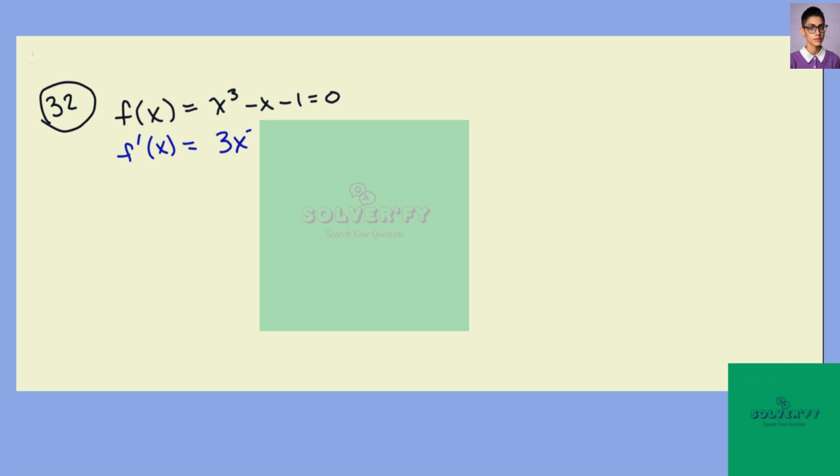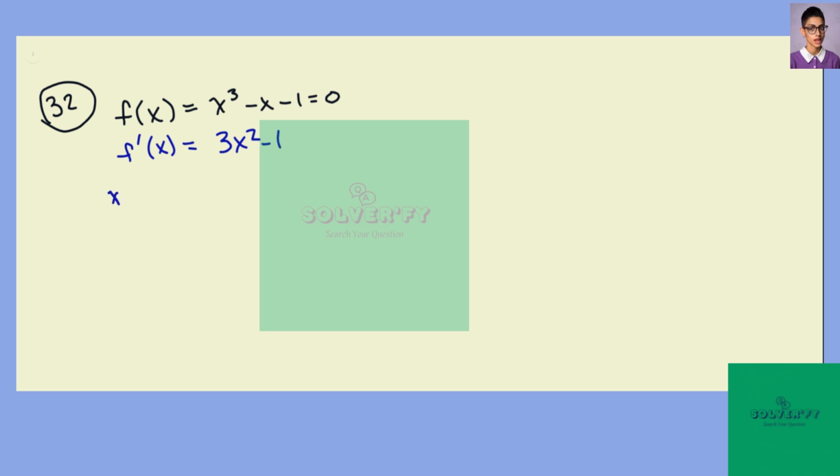Question 32. We're going to start out with f of x equals x cubed minus x minus 1 equals 0. Therefore, f prime of x equals 3x squared minus 1.